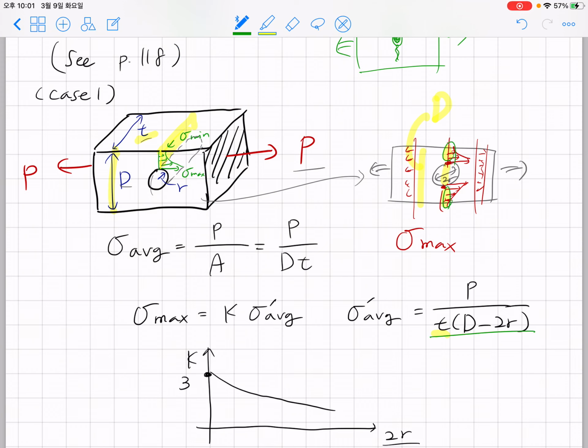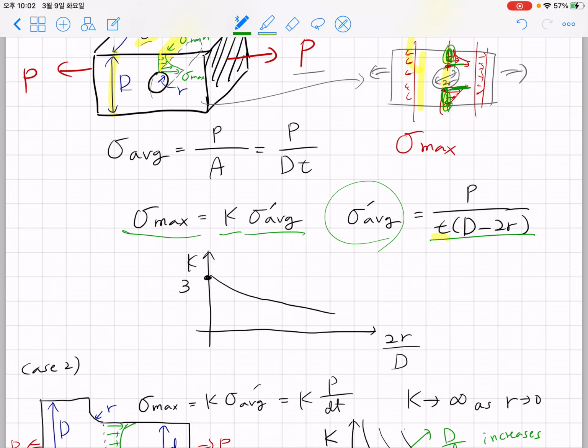Okay, then the average stress within this gray zone is given as P over T times (D minus 2R), and we call K the stress concentration factor that relates this average stress and the maximum stress here. This is the maximum stress.